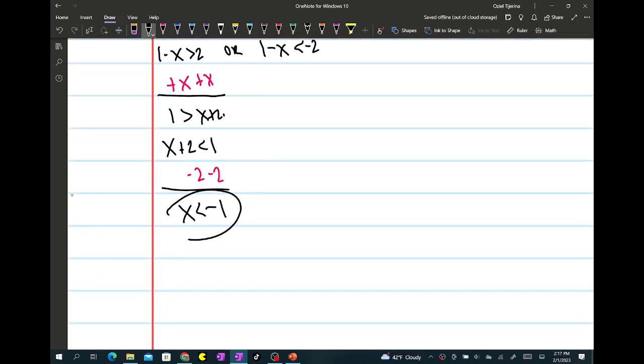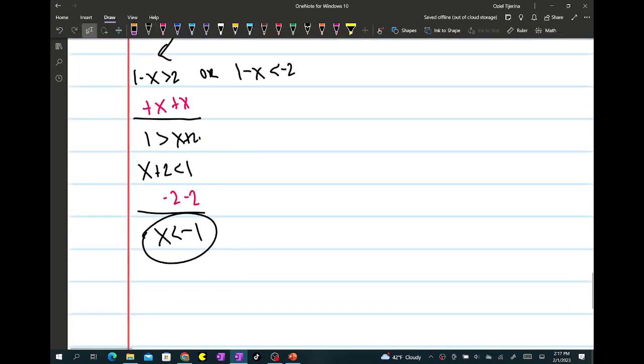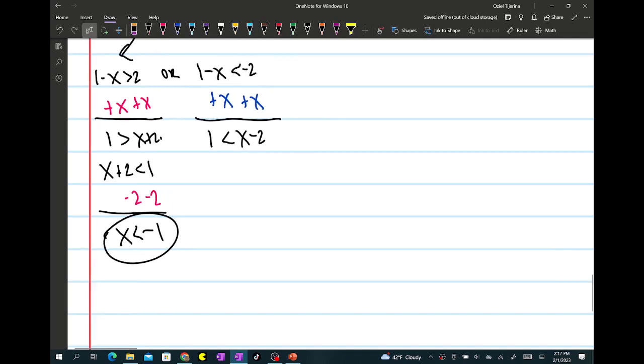So this would be my answer for that. And then here, I'm going to do the same thing. I'll move my x to the right side, and say that 1 is less than x minus 2. Again, x minus 2 is greater than 1. So then I add 2 to both sides, and I say x is greater than 3.